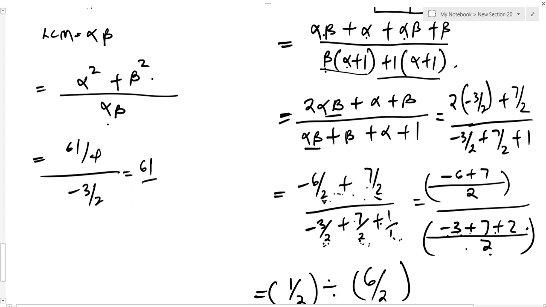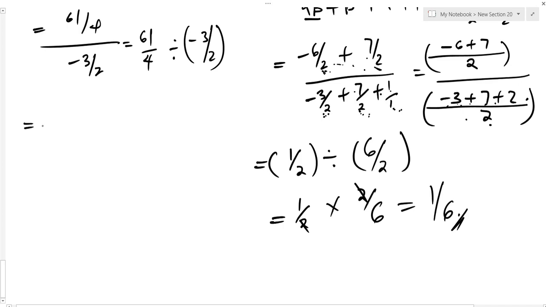So 61 over 4 divided by minus 3 over 2 will be equal to 61 divided by 4 times minus 2 over 3. So inverting, if you want to change the sign, this sign here, you reverse this, which is minus 2 over 3.